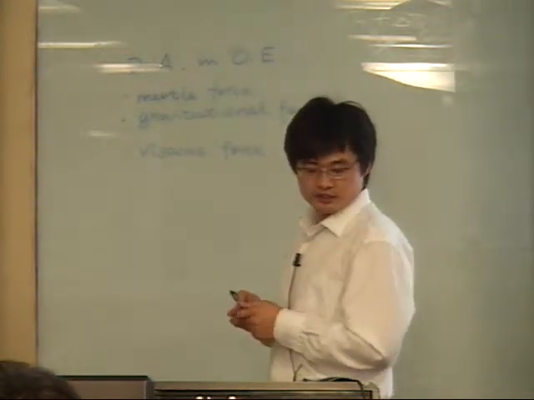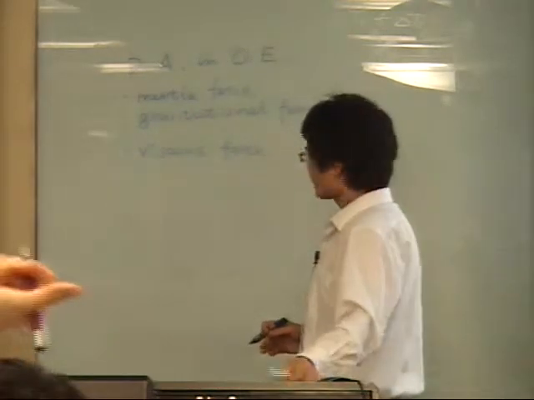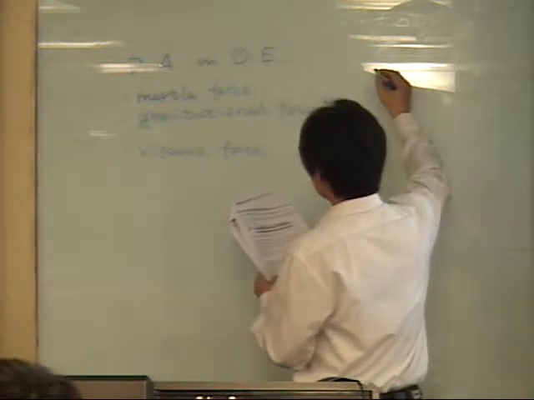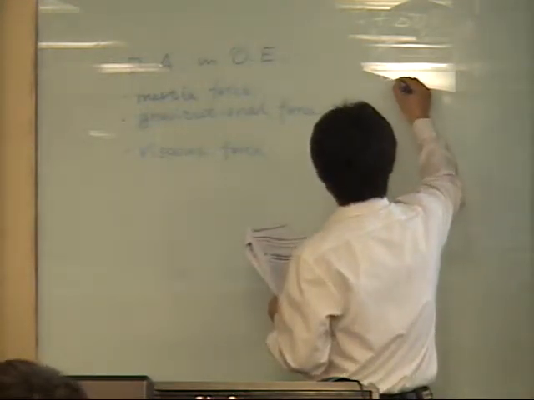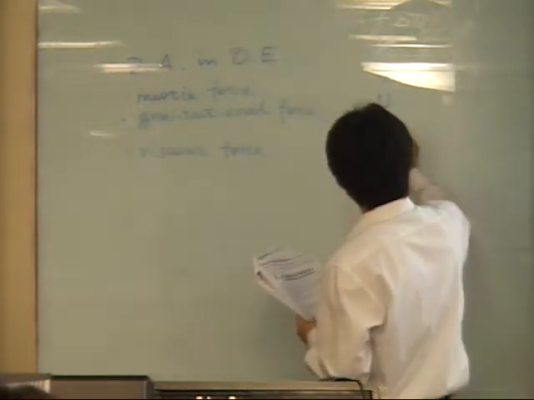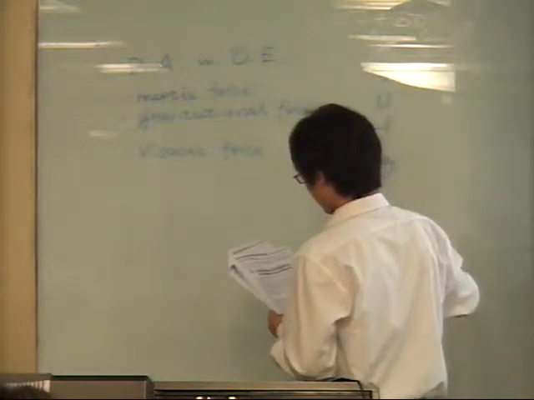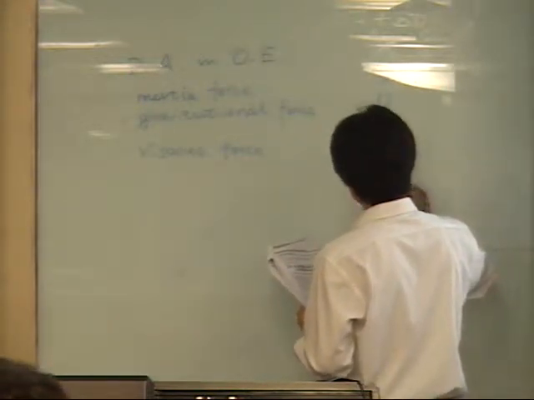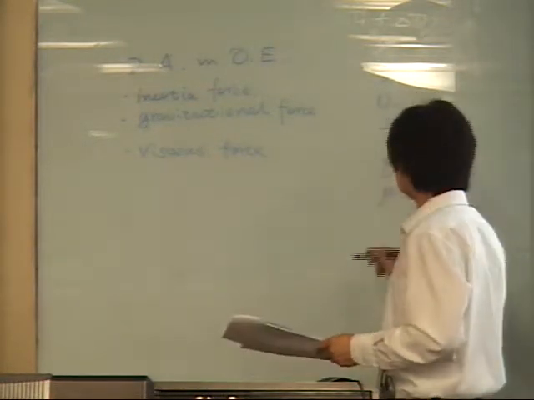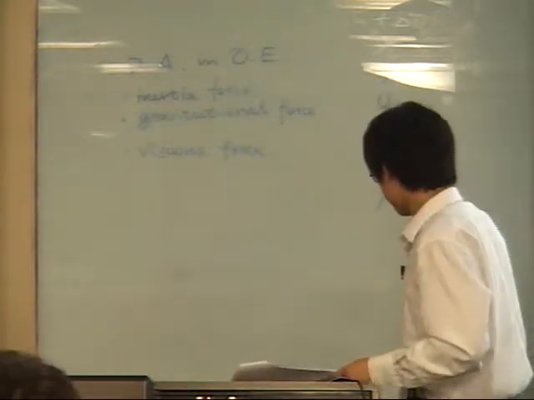Considering a shape, the basic known parameters we have would be the length of the shape, velocity, fluid density, gravitational acceleration, and the dynamic viscosity, which is mu. In Greek it is mu.